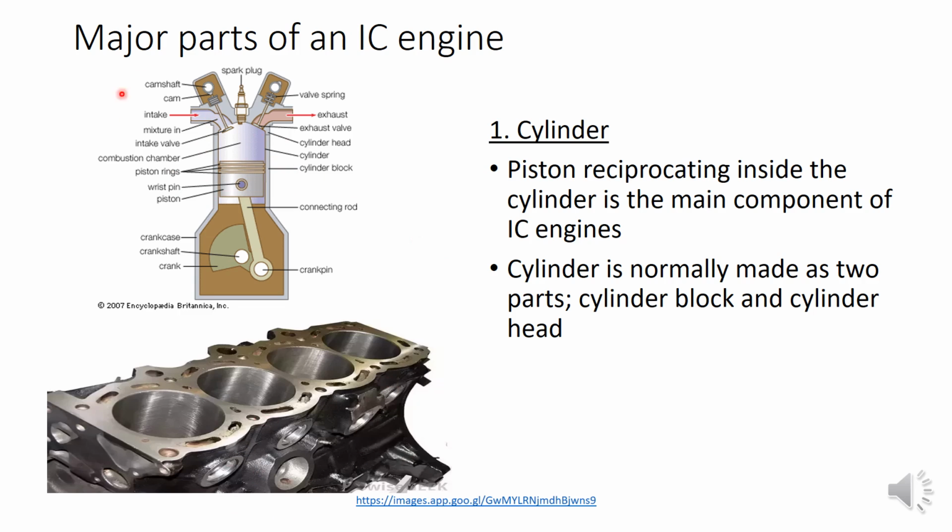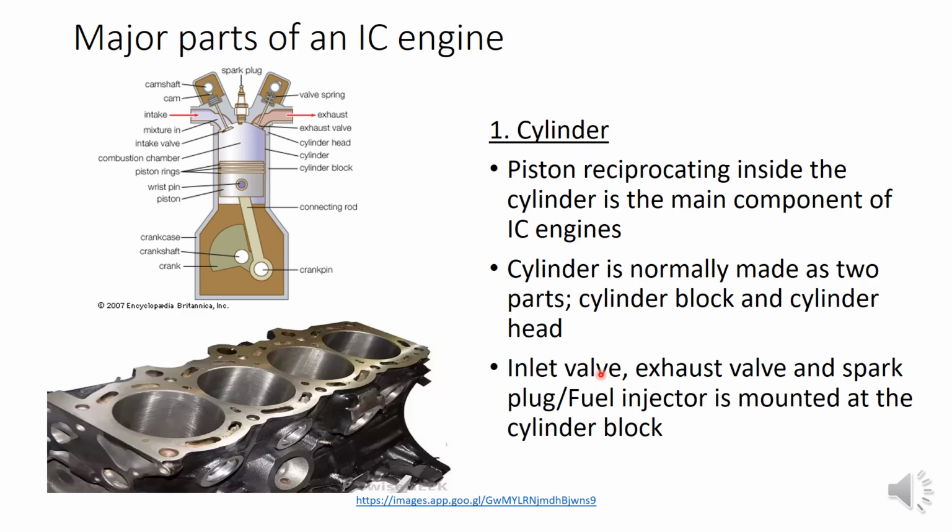This bottom part is known as the cylinder block. This is a figure of the cylinder block, and the upper part, on which the valves and spark plug etc. are mounted, is known as the cylinder head. Normally the cylinder will be made into two halves and they are assembled together to form the complete structure.